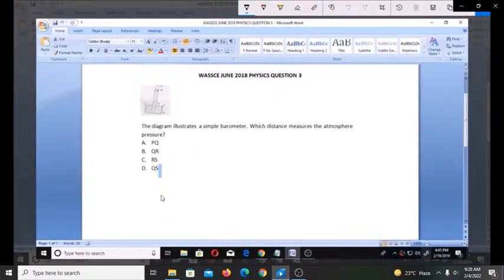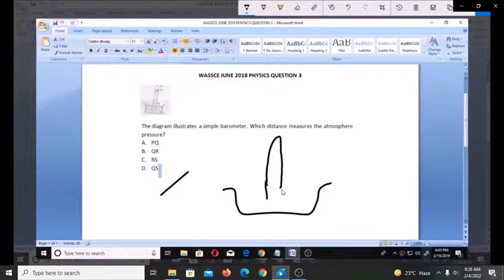For us to understand this much better, I'm going to make this very diagram again, and it's basically something like this. With an inverted tube, then we're going to have the mercury.